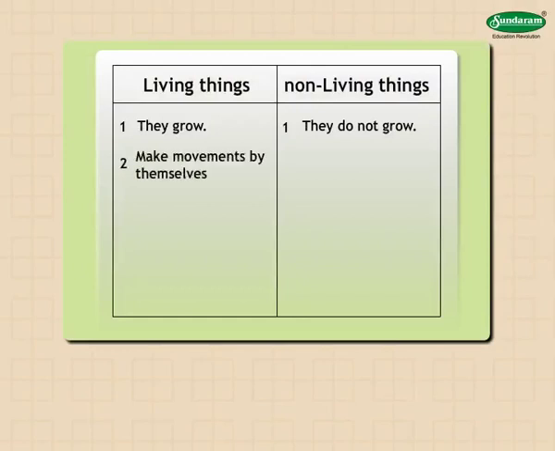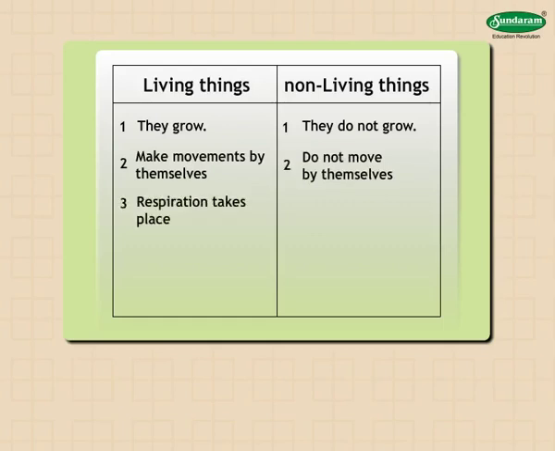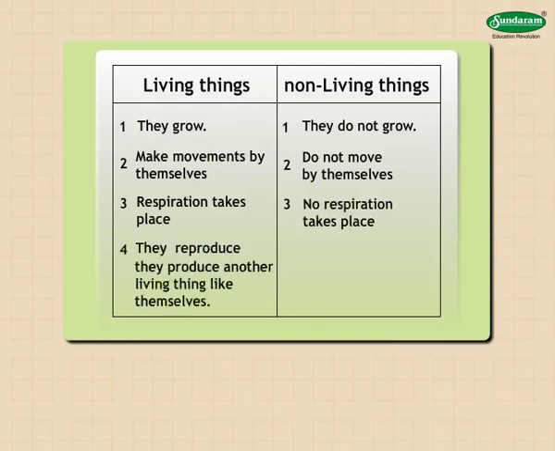Living things make movements by themselves, whereas non-living things don't move by themselves. In living things, respiration takes place, whereas there is no respiration in non-living things. Living things reproduce, which means that they produce another living thing like themselves.